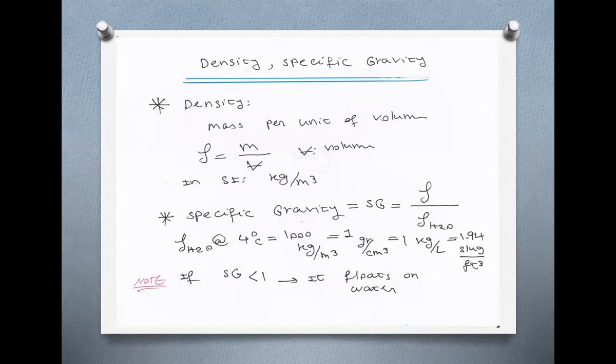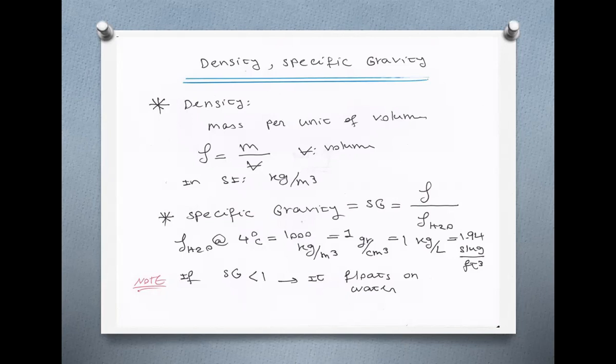In my notes, I wrote that if the specific gravity of a fluid, or of anything, is less than 1, it means it floats on water. For example, the specific gravity of oil is less than 1, it's 0.7 or 0.8, and that floats on water.